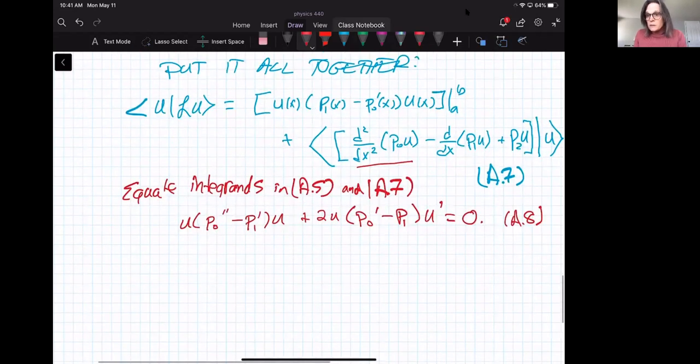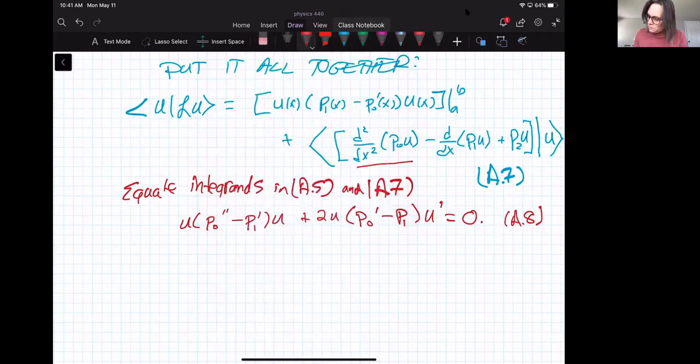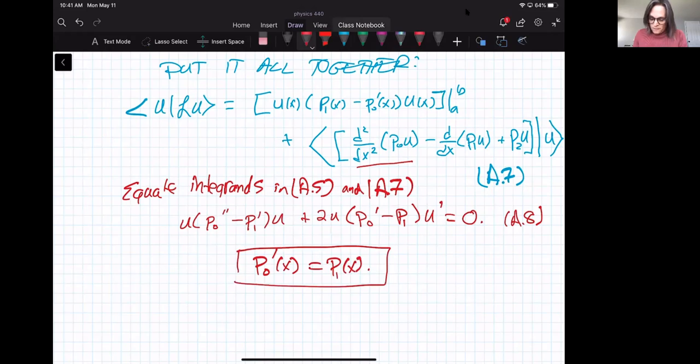And from this, we get that the first derivative of p naught of x is equal to p1 of x. This is our condition for being self-adjoint.